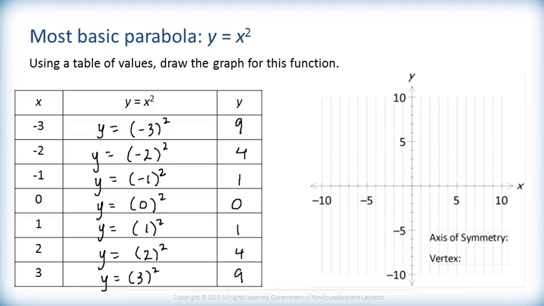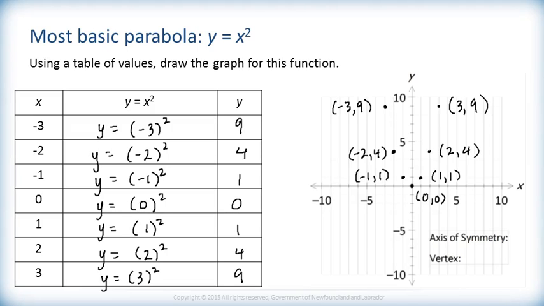Let's plot the points. Now we can see the points are plotted and they form that parabolic shape. All we need to do now is connect them. So I've connected the points on one side of the parabola. Now I can easily reflect that side to get the other side.